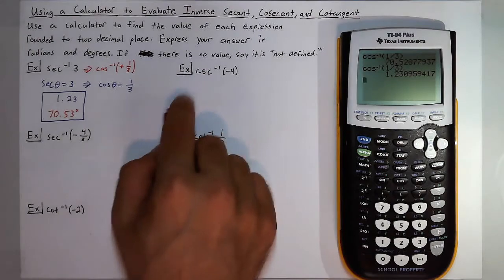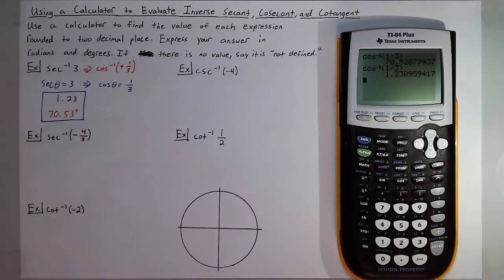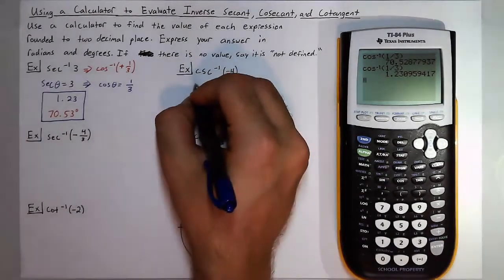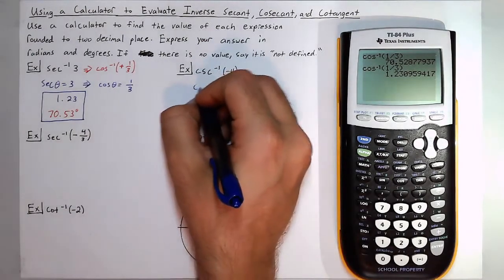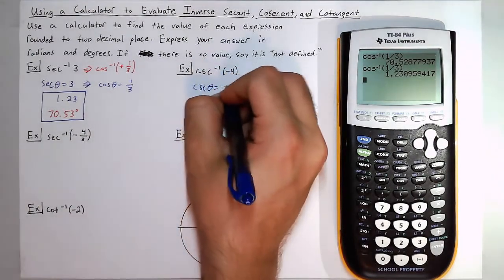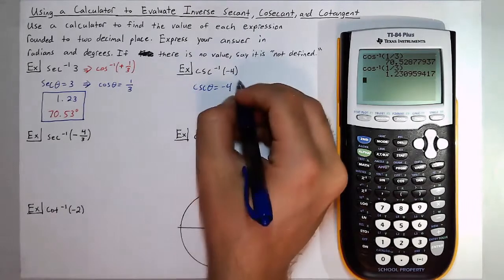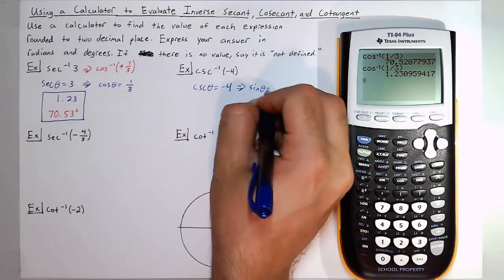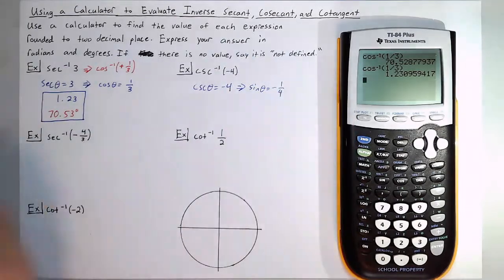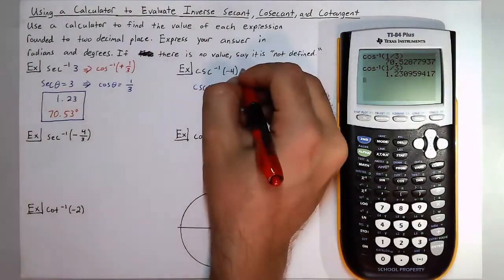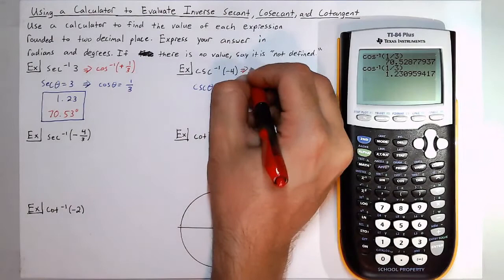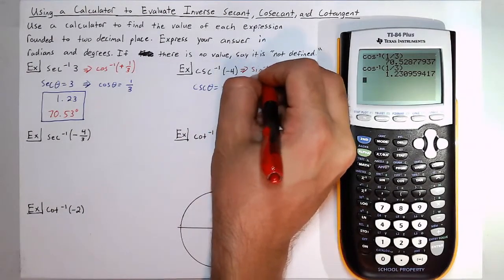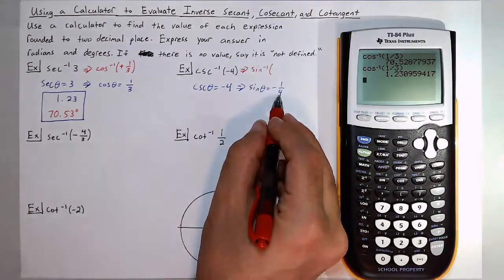We have cosecant inverse of negative 4, which can also be thought of as cosecant of theta is equal to negative 4, which, using its reciprocal sine, I can say sine of theta is equal to negative 1/4. So cosecant inverse of negative 4 can also be typed in as sine inverse of negative 1/4.